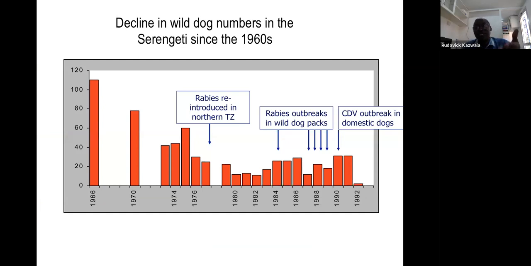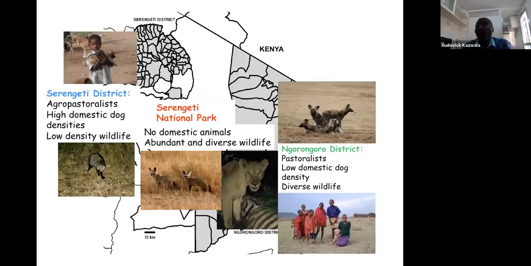So that triggered us to do some work in terms of vaccination in and around the park to prevent this rabies spread. The scenario was in the western part of the Serengeti, there was high domestic dog density, and in the eastern part, there was low.